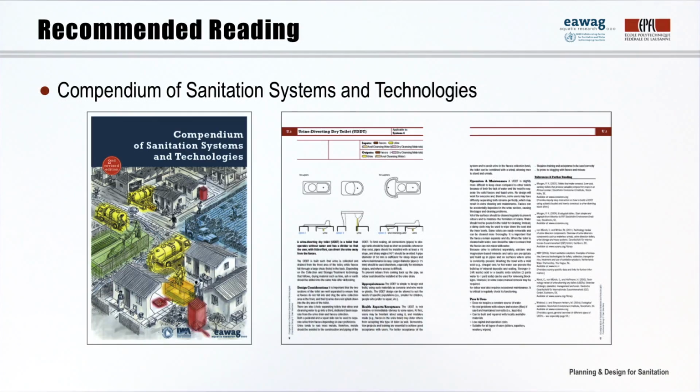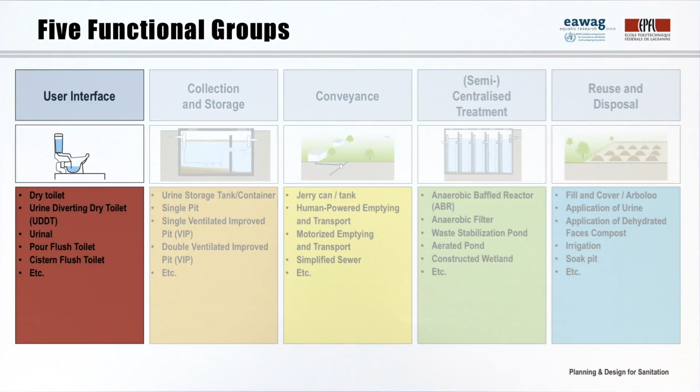If you would like to learn more about a specific technology, I recommend you to read the corresponding section in the Compendium of Sanitation Systems and Technologies. The compendium provides a double-page description with further explanations for 54 different technologies. So, let's get started with the first functional group, the user interface.